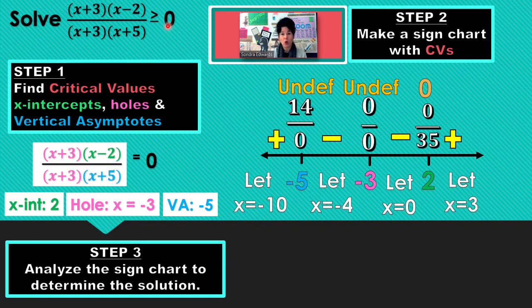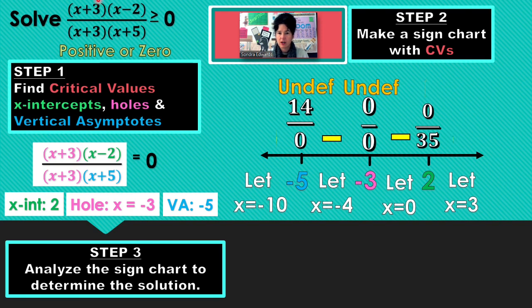Positive numbers or 0. So we're going to look through our sign chart for any x values that generate a positive answer or any x values that generate the answer 0. Okay, well, all of those pieces work.